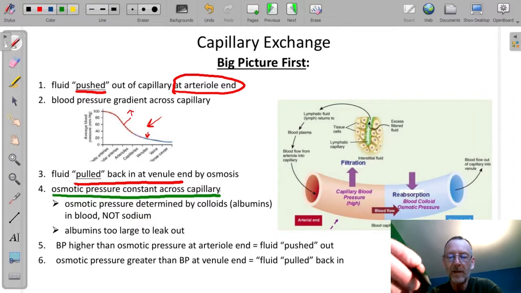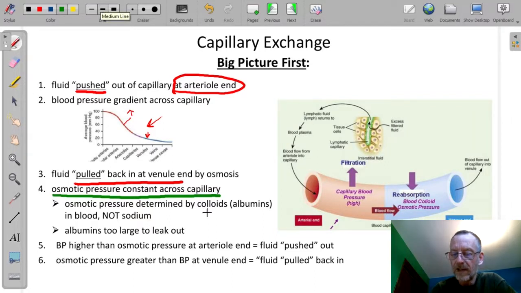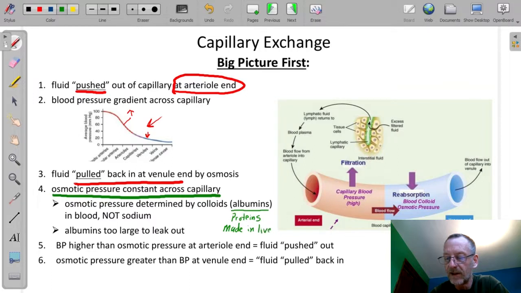And the osmotic pressure is determined primarily by colloids in the blood. These are large particles. In particular, we're talking about albumins. And these are serum plasma proteins that are made in the liver, assuming that the liver is functioning normally.